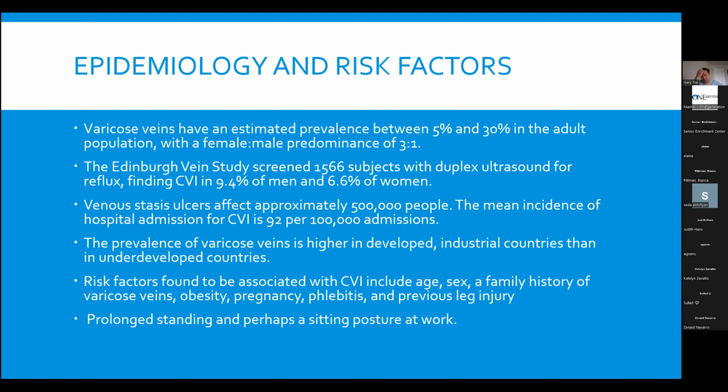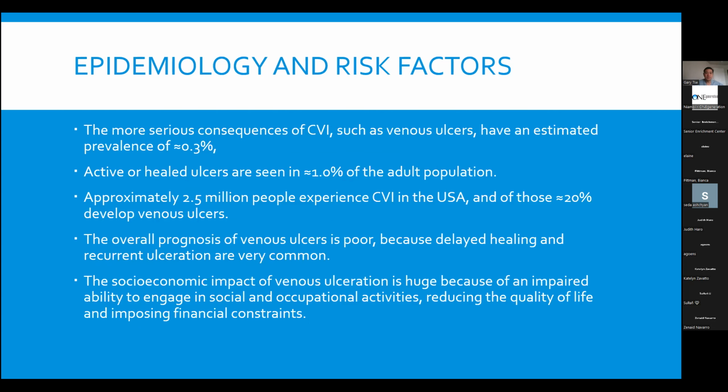Phlebitis, which is essentially an inflammation of the vein, often predisposes to CVI as well as prior leg injury. And then there is a suggestion that prolonged standing and sitting posture at work can contribute to CVI. The more serious consequences, like I mentioned earlier, venous ulcers have an estimated prevalence of about 0.3% in the US.